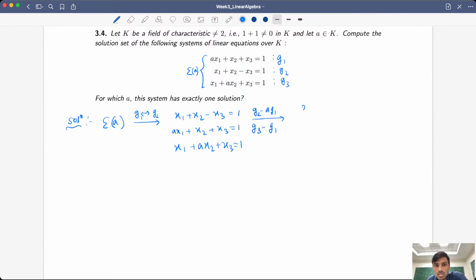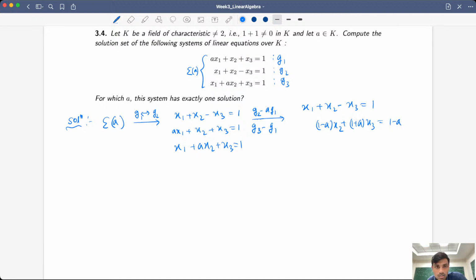The first equation is x1 plus x2 minus x3 equal to 0. In the second, a x1 minus a x1 becomes 0, and we get (1 minus a) x2 plus (1 plus a) x3 equal to 1 minus a.